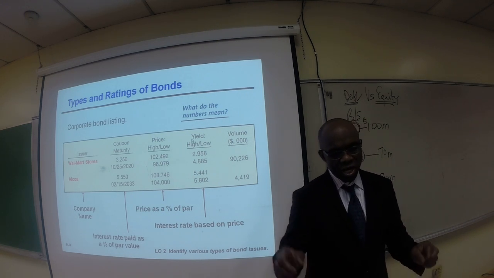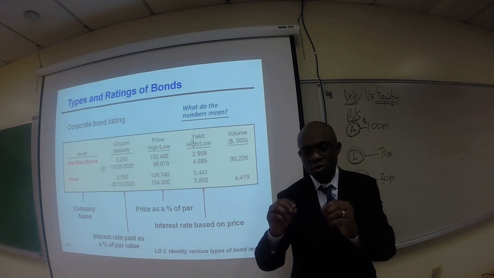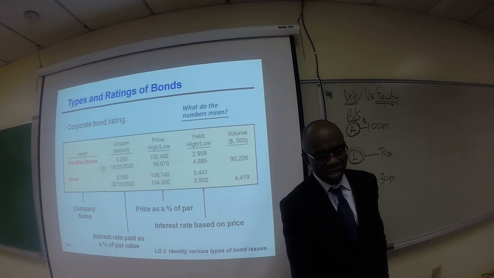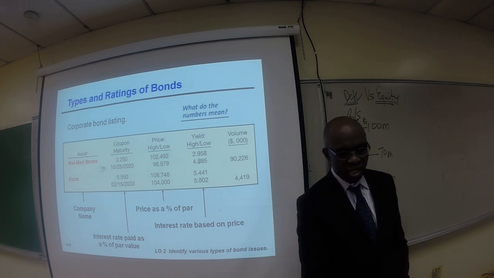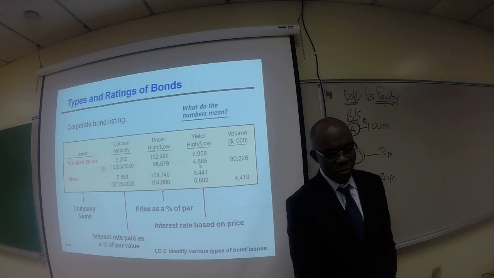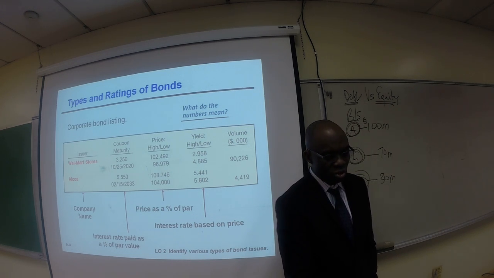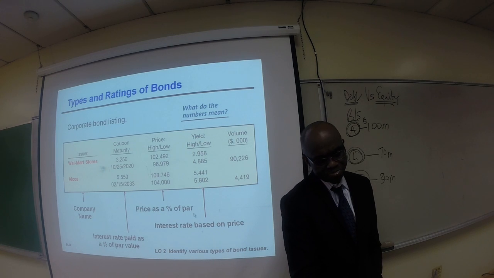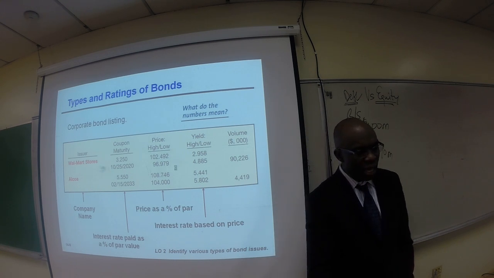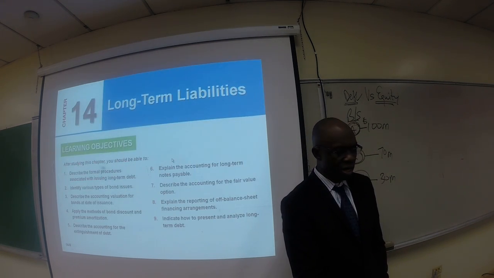Then the yield, that is the effective or market interest rate. We are going to talk about this extensively. Here, the highest is 4.8 versus 2.9. So that is basically it. You have the company's name and the price as a percentage of par. We are going to talk more about this eventually.